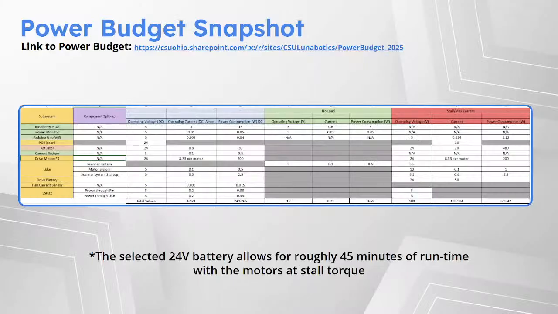Here is a snapshot of our power budget. You can see here that... where's our battery at? Maybe it didn't make it up there. Battery's good for, I think, 25 amp hours. We calculated that this would be a good battery based on the fact that our motors running at stall torque hit 8.33 amps each.